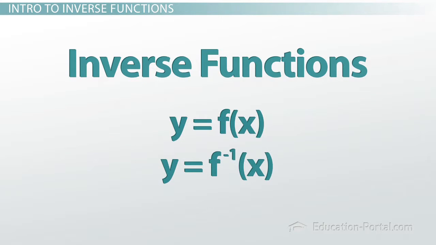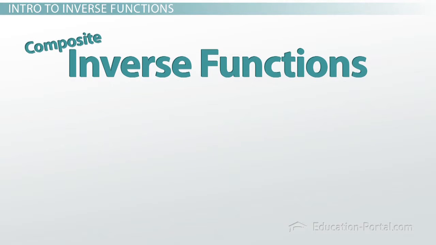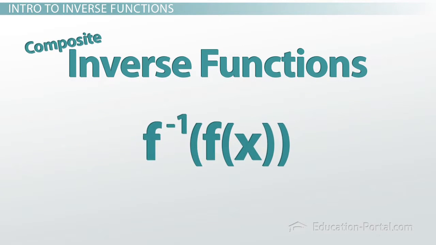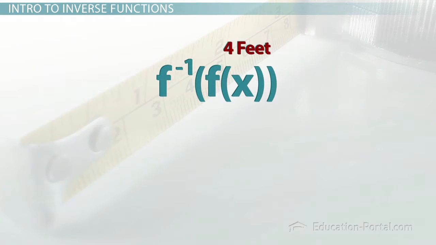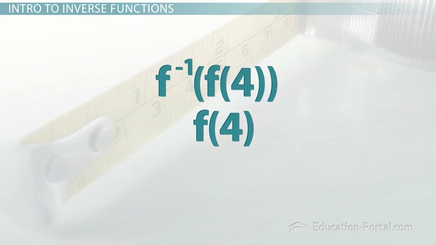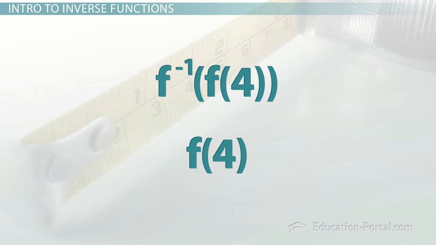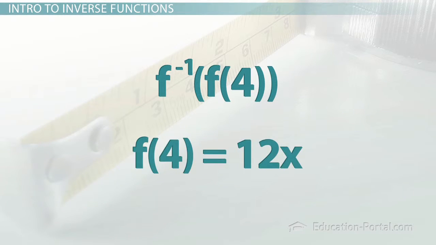So what happens if you put a function and its inverse into a composite function? First we evaluate the inner function, and then we evaluate the outer function. Let's take a look at an example. Say we start with 4 feet. Our function is 12x because there are 12 inches in every foot.